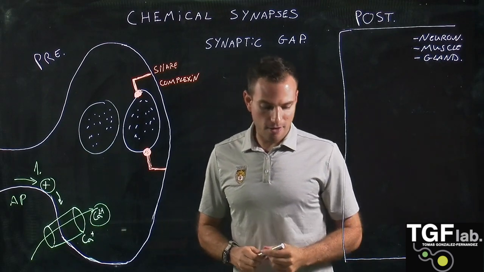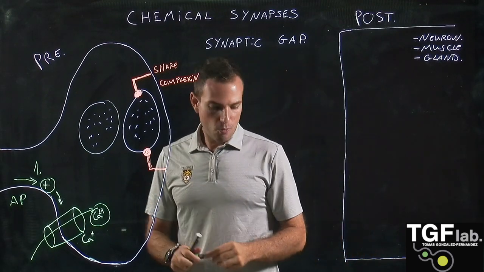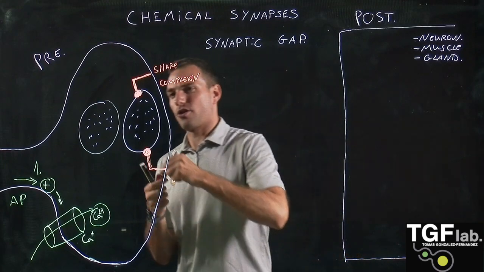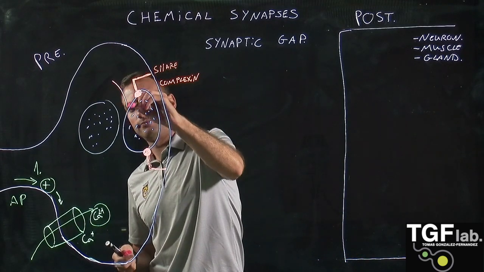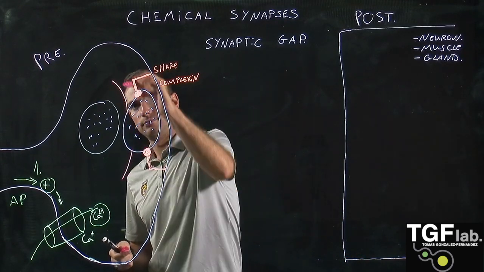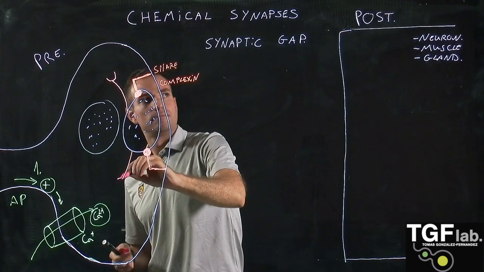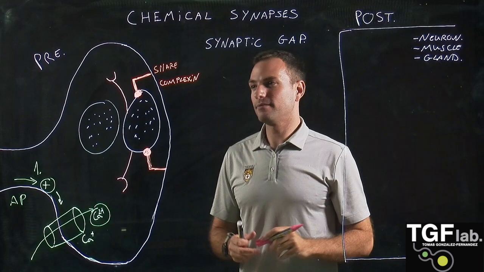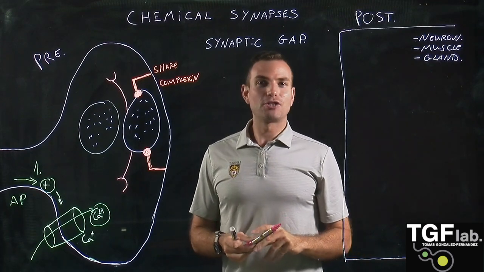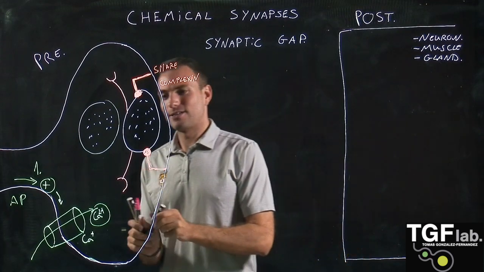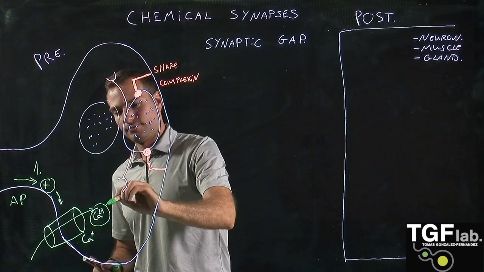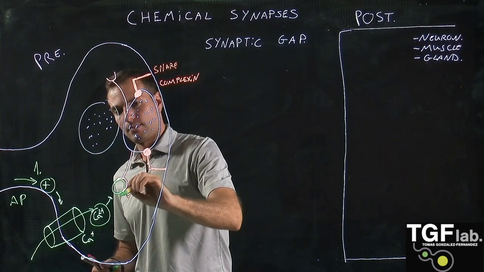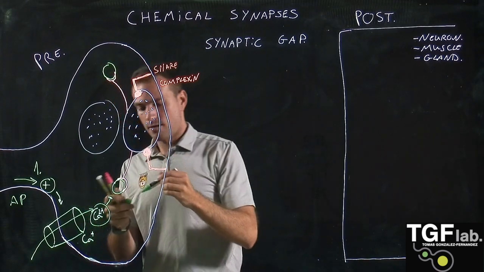But apart from the complexin, we also have another protein, which is called synaptotagmin. The synaptotagmin is going to bind to calcium.